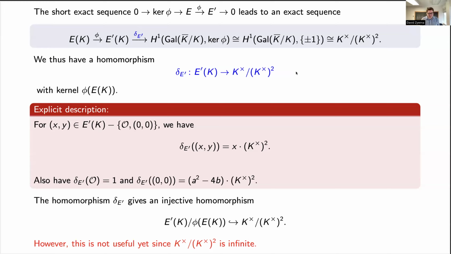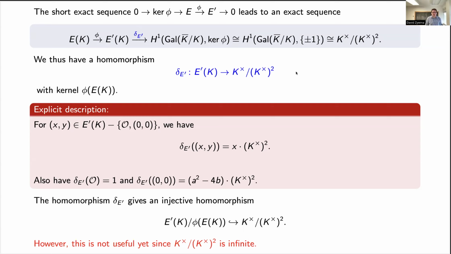If you don't like that, there's a very easy explicit description in this case, because this is the most tangible case. If you take a k-rational point of E', you take its x-coordinate and you look at the square class you get. And that's basically the map. It doesn't work with the point at infinity, because you don't have an x-coordinate, but it's a homomorphism, so it should take the point at infinity to 1. And when x is 0, when you have the point (0,0), you can check that this is what you need to make this consistent with what's above.